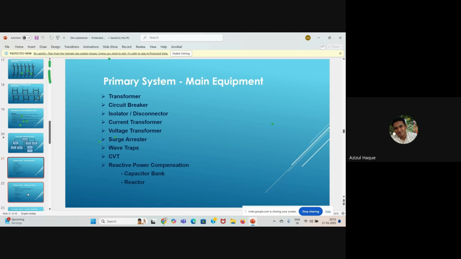The primary system has two components, as we have seen: one is main equipment, another is engineered items. What is an engineered item? I'll come to that. Let us first see what the main equipments of a bay or primary system are. These are the transformer, circuit breaker, isolator, current transformer, voltage transformer, surge arrestor, wave traps, CVT, and for reactive power compensation, either a capacitor bank or a reactor.